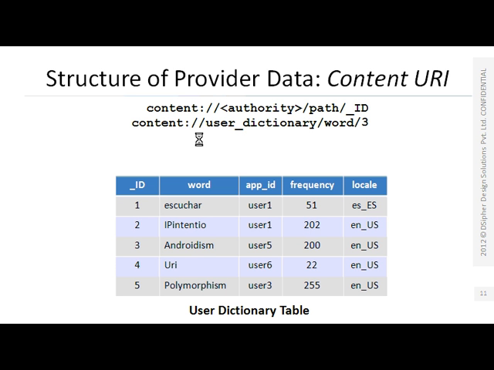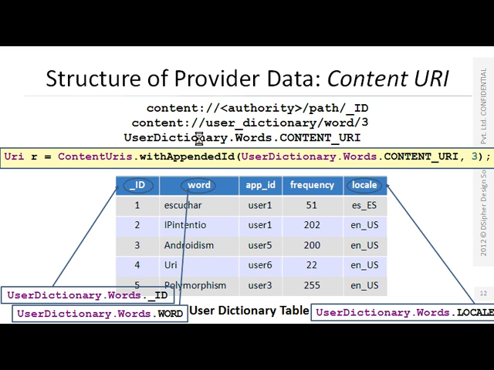It can execute queries on this table: update, insert, or any edit option on this third row. Here we have used ContentUris.withAppendedId, and we have passed the content URI as the first parameter. The second parameter is the row value. This is what you will be passing to the content resolver.